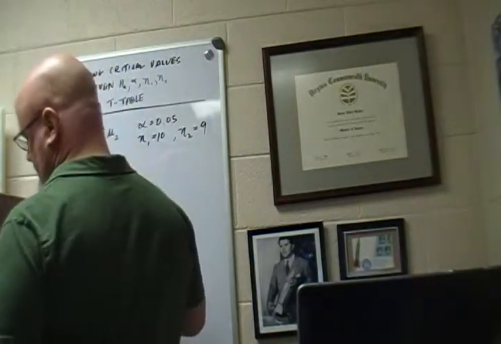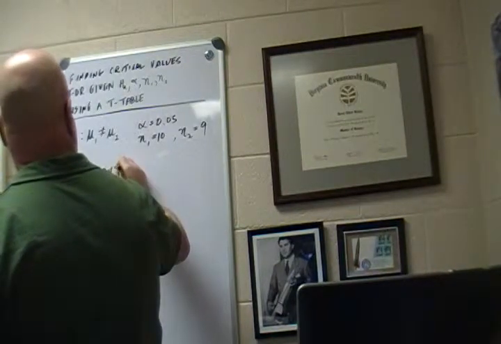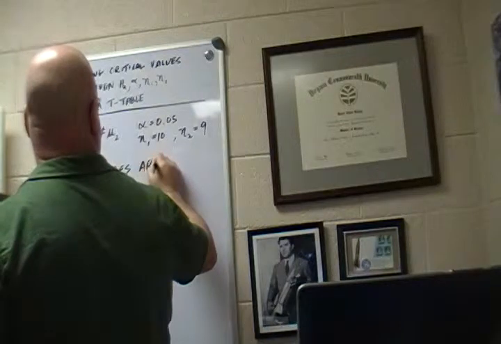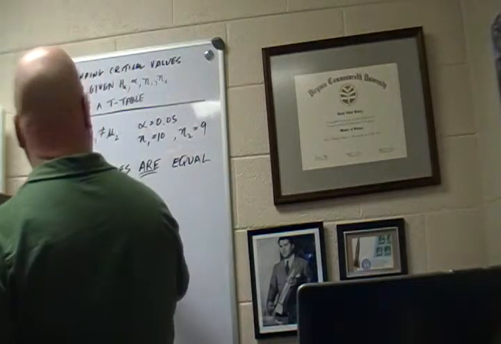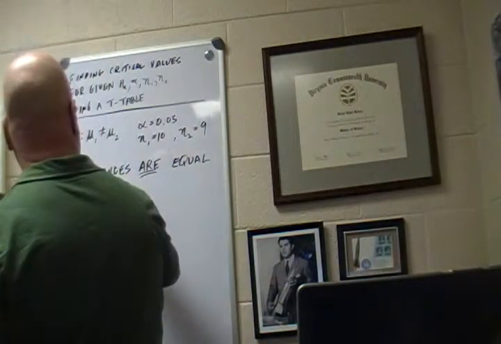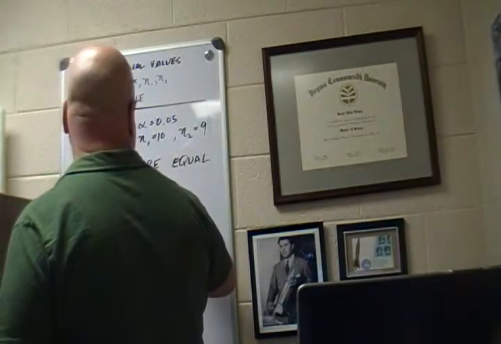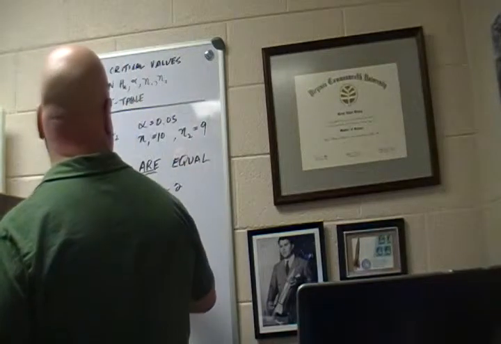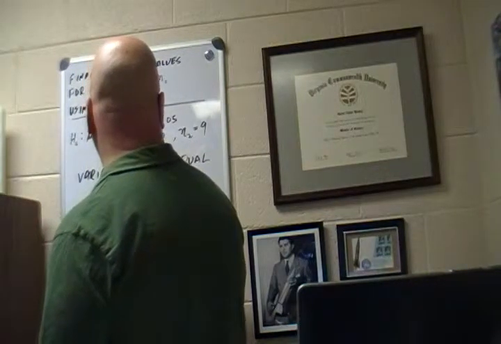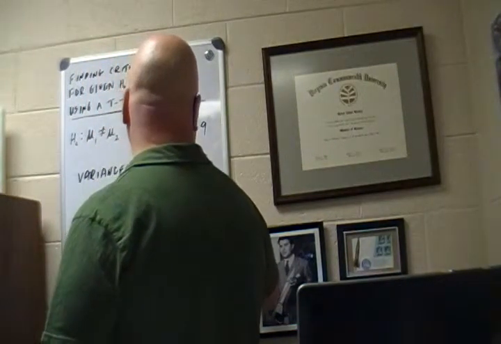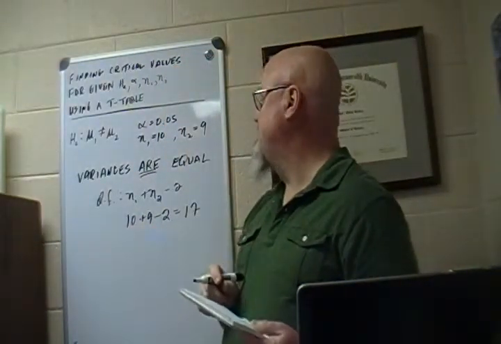For the assumption that the variances are equal, the formula for our degrees of freedom is N1 plus N2 minus 2. So in this example, that's 10 plus 9 minus 2, 17. We have 17 degrees of freedom when the assumption is the variances are equal.